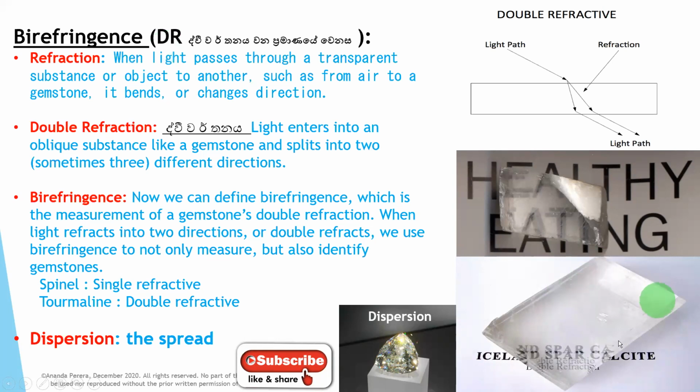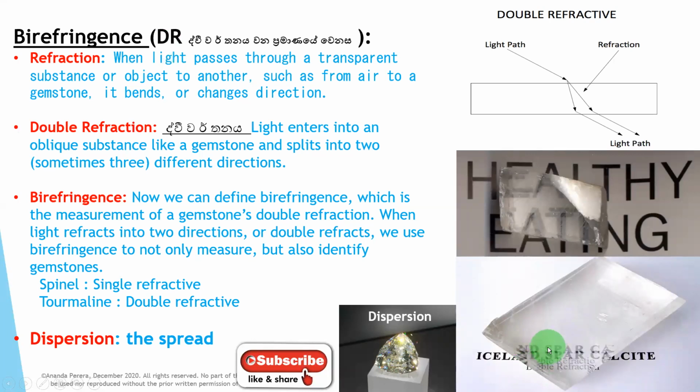This is calcite. Through the calcite, we can see these letters. When we see through the transparent calcite, the bottom paper, we have some text here. We can say it is doubling.